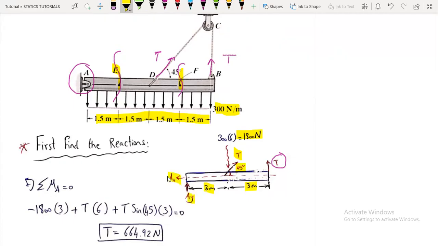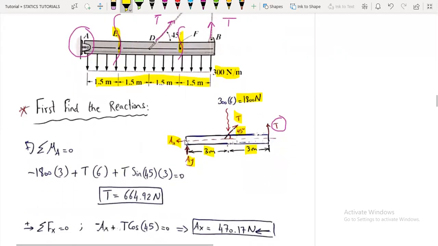Now, taking the summation of moments about point A to find the tension force. Starting with the resultant multiplied by the distance, it is rotating clockwise, so it is negative. So minus 1800 multiplied by 3 plus T, the first tension force, multiplied by the distance, which is 6, and it is rotating counterclockwise, so it is positive. And finally, the inclined tension force, this one.